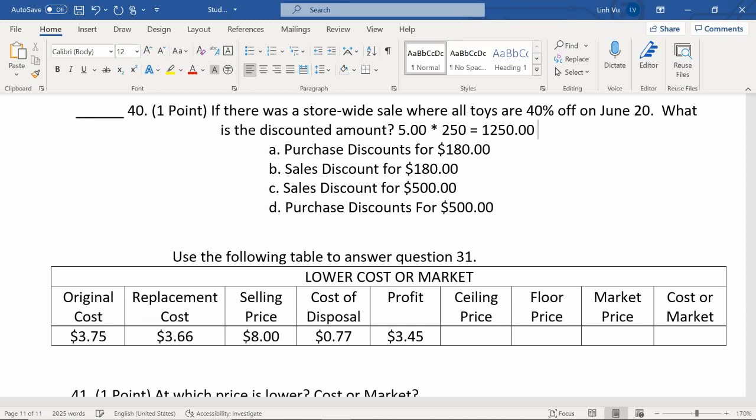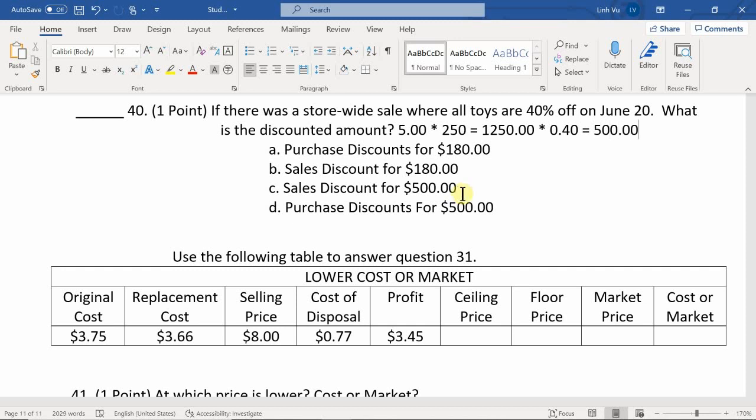Good. And if I have a store-wide discount of 40% off, what is my total discounted amount? $500. So let's answer the question.